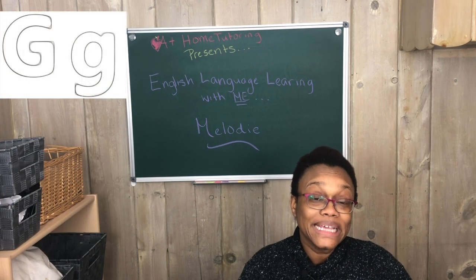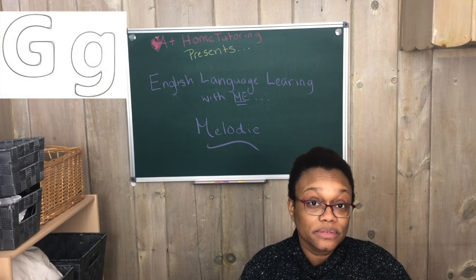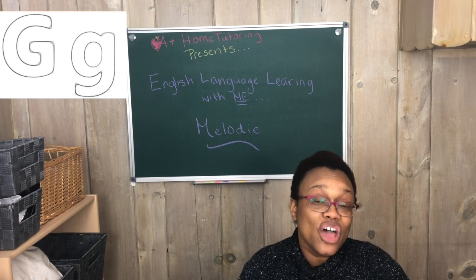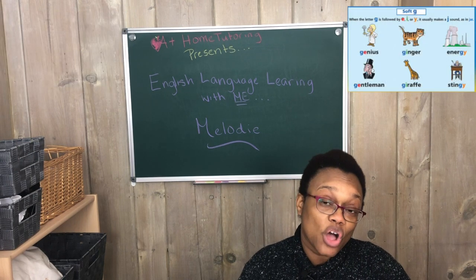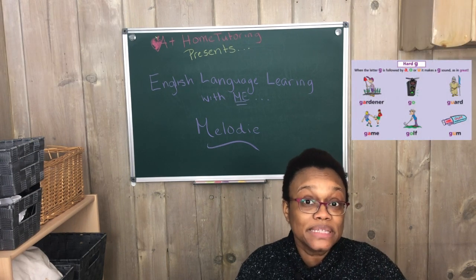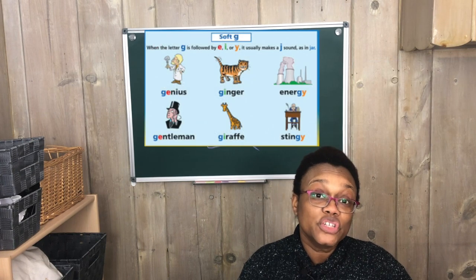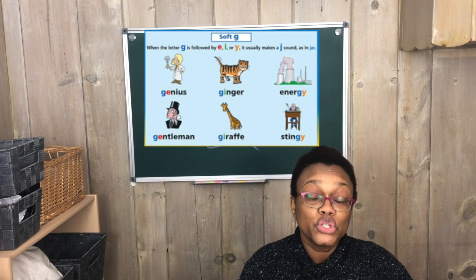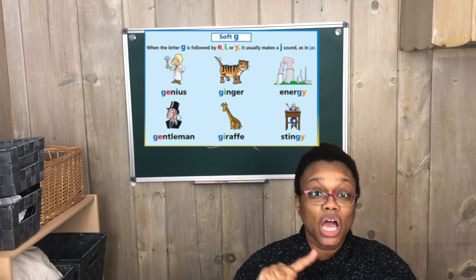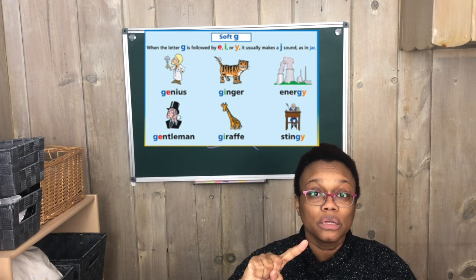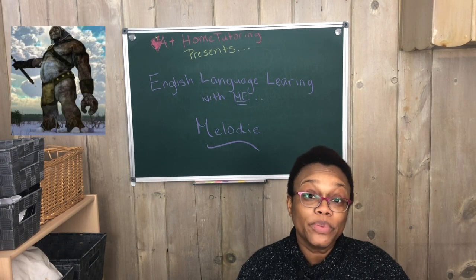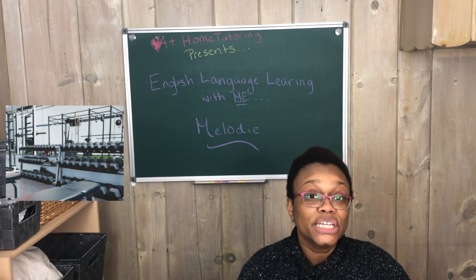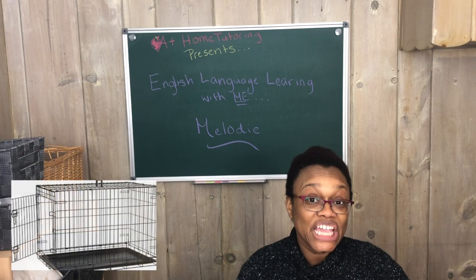The next letter is the letter G. G. G is another special consonant because G also has a soft G and a hard G sound. The soft G produces the sound J, J, like the letter J. For example, giant, gym, cage.